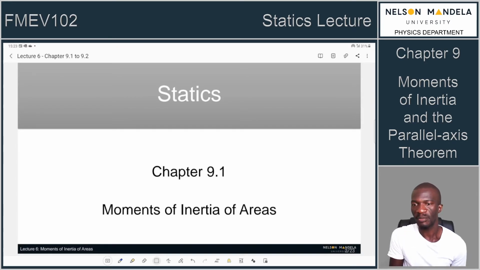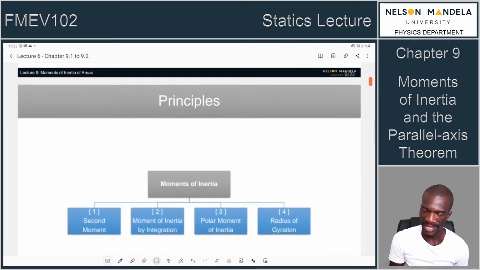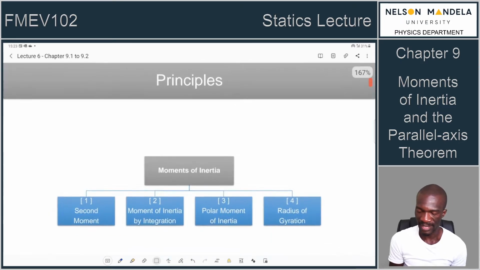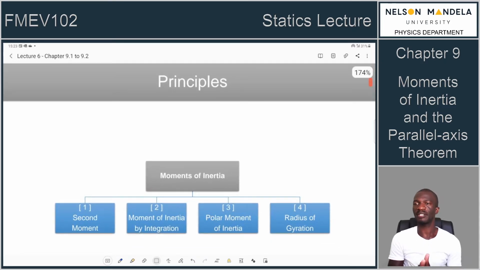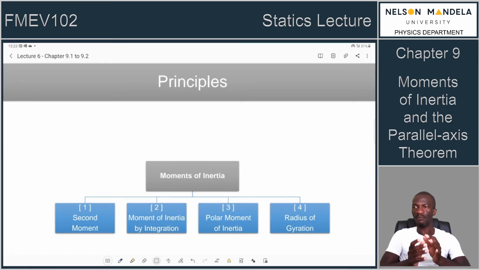Right, so the moment of inertia of areas is explained through 4 principles. The first is a definition of the second moment. The second is the moment of inertia by integration, and then the polar moment of inertia and the radius of gyration.